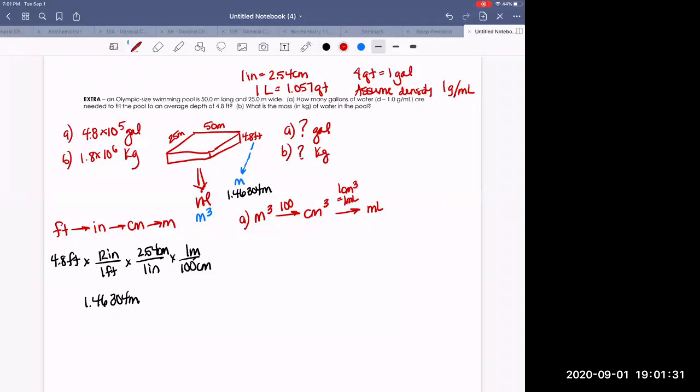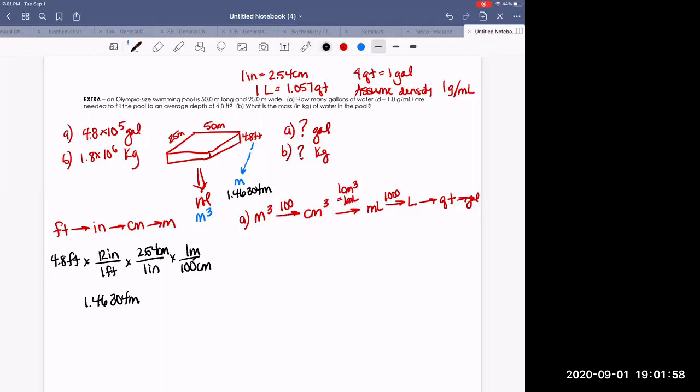Milliliters, I can go from milliliters to liters. That's a factor of 1,000. Oh, they gave us that liters to quart piece. And now I can go quart to gallon. Wow, that's a lot of unit conversions. But hopefully, you start stringing these pieces together, and you can see these puzzle pieces come together.